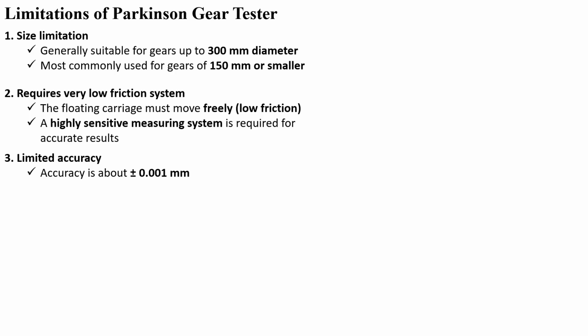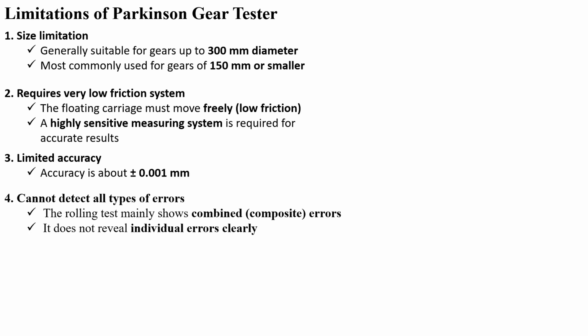The third limitation is limited accuracy. This tester has limited accuracy of about plus or minus 0.001 mm. Moreover, this tester cannot detect all types of errors, which means the rolling test mainly shows composite or combined errors.